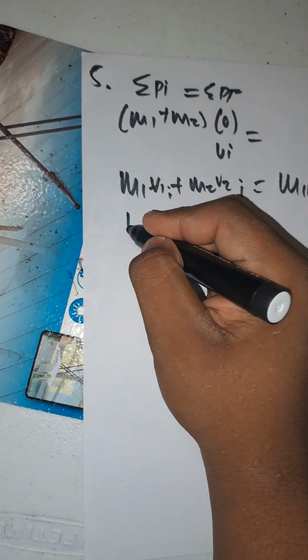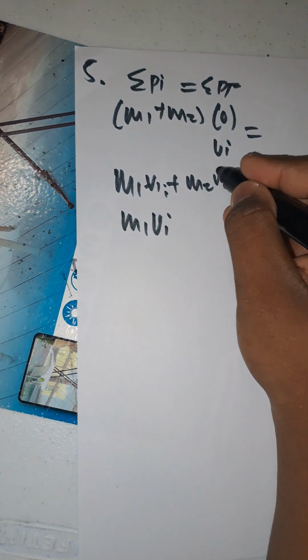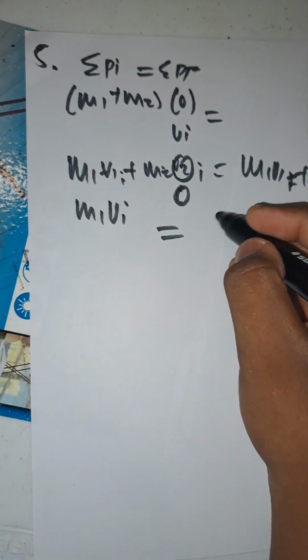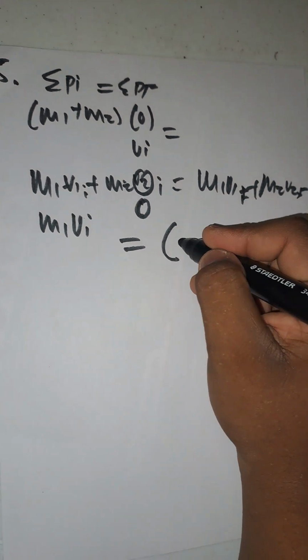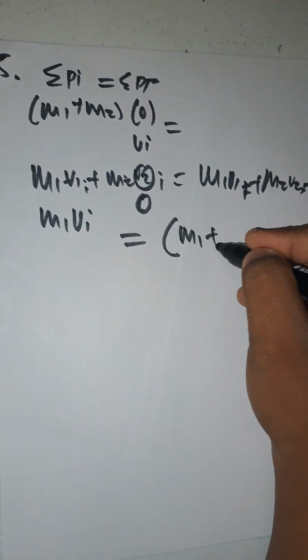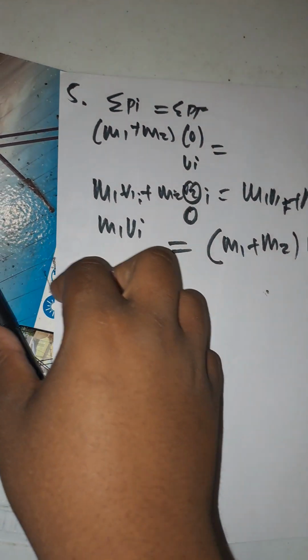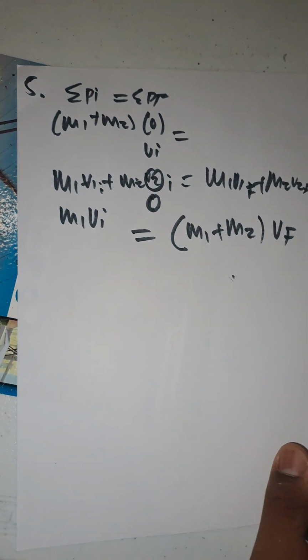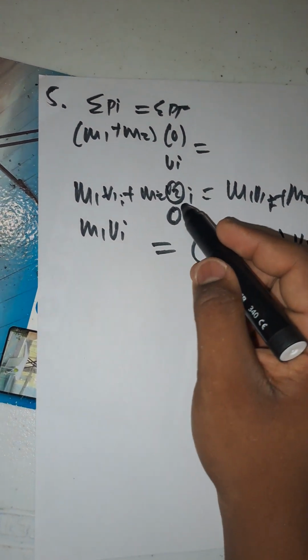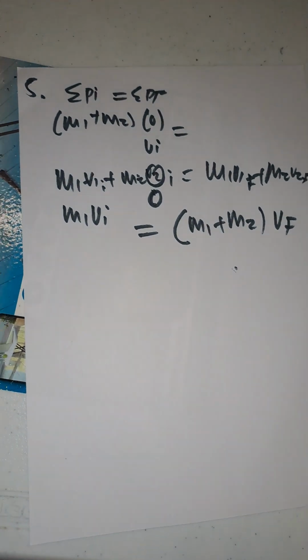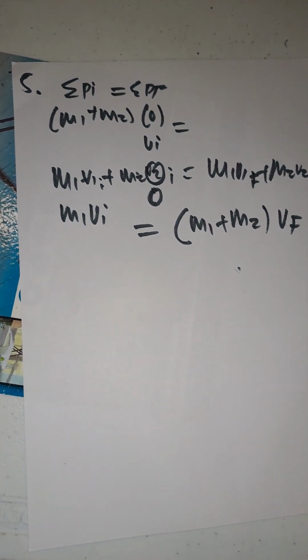So now we are going to be left with M1V1I because V2 was 0, and anything times 0 is 0, which is going to be equals to, now check, after the collision, M1 plus M2 and then VF, because the other one fell onto another one. So after, they will now be joined, because this one just came onto the second one. Because it is saying an object falls vertically onto another object. So that's what you must know.